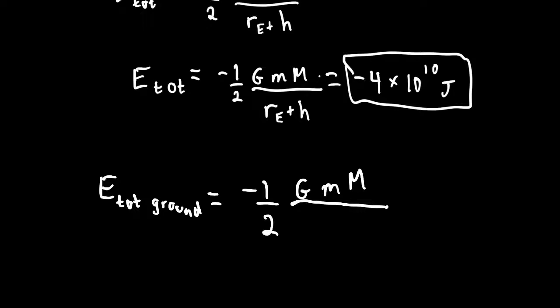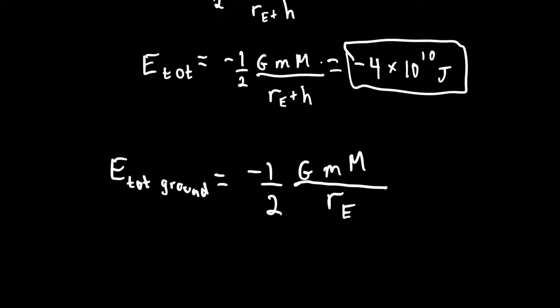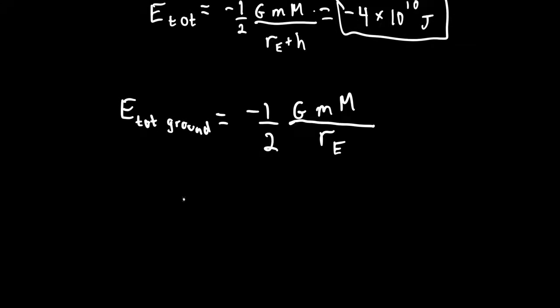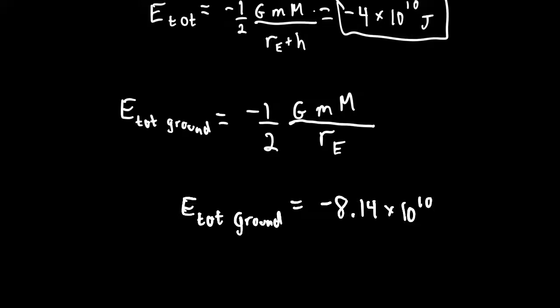Is it RE plus H? No, it's just RE. No need to add H because I'm not orbiting high above the surface. Plug in your numbers here, and you'll get E total on the ground equal to negative 8.14 times 10 to the 10 joules.